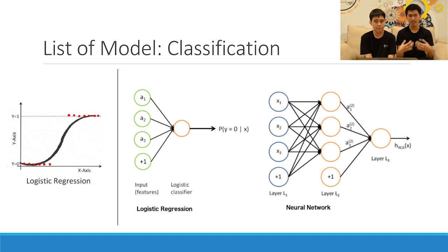Now, if we generalize to any type of neural network, they have input layers, hidden layers, and output layers, as can be seen in the right diagram. And a neural network is much more complicated than logistic regression, because it has more layers, which means more calculation, which means it is more complex, thus it needs more computing power and more time to solve. That's why a neural network is more complicated than a normal logistic regression.